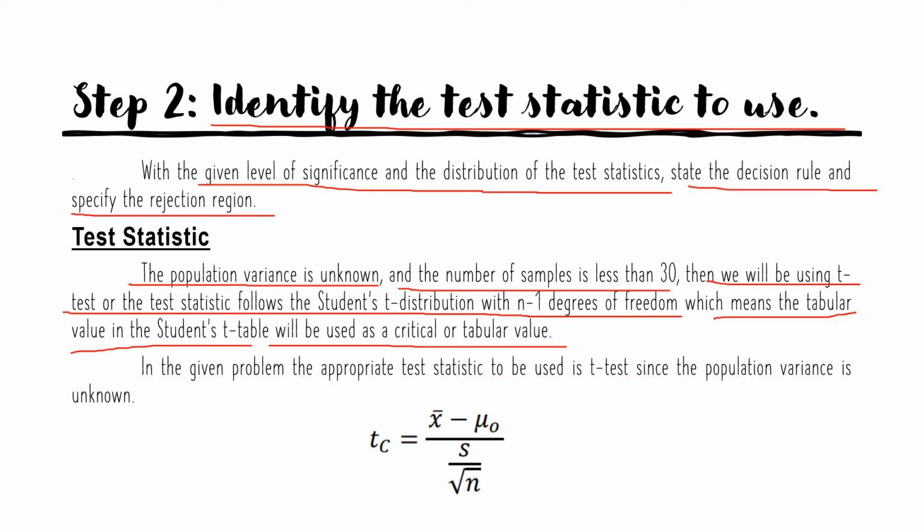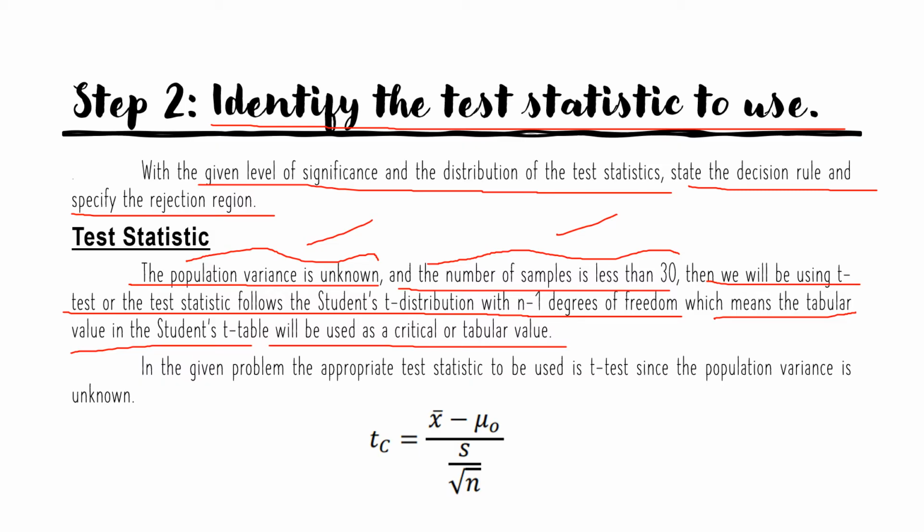First, what will be our indication that we're going to use your t? Your population variance is unknown. Second, the number of samples is less than 30. So these two statements are considered before we come up with the idea that the most appropriate test statistic that we can use on this example is t-test.